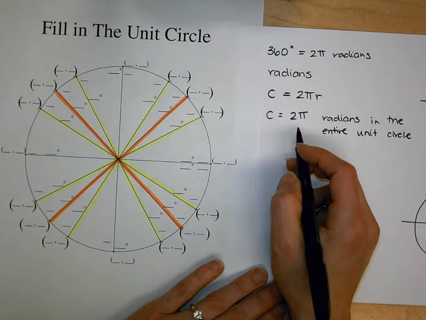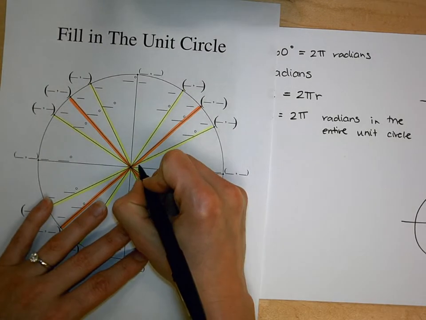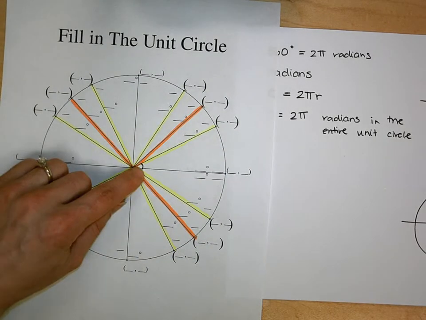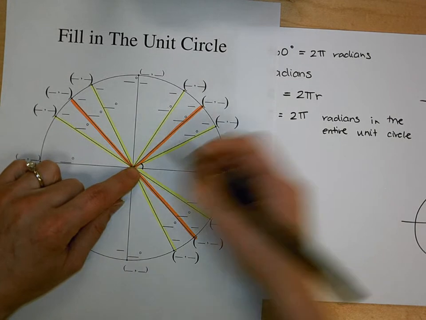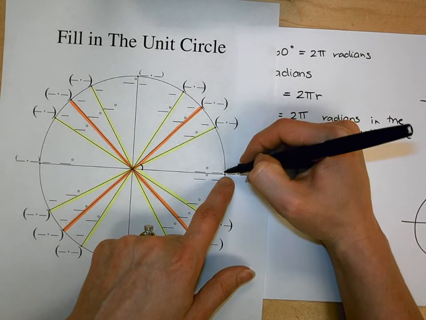So here's one thing I'd like us to think about: if there are 2 pi radians in the entire unit circle, how many radians should there be in, let's say, just this first piece? Essentially I'm asking the question, what is this distance right here?